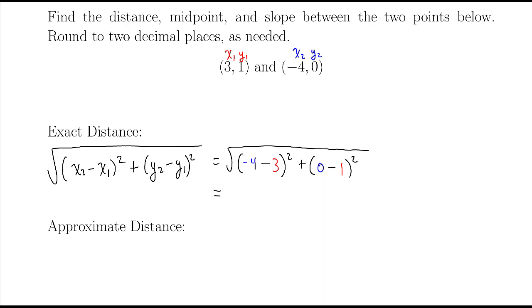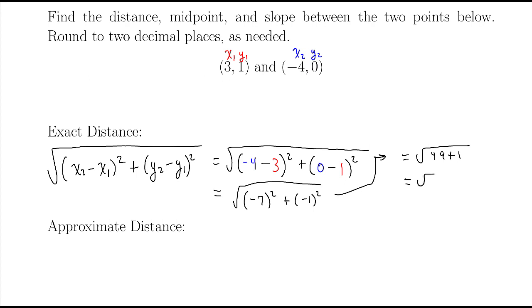Well, that's going to be -4 minus 3 is -7 squared plus 0 minus 1 is -1 squared. Well, that's going to give me the square root of 49 plus 1, the square root of 50.